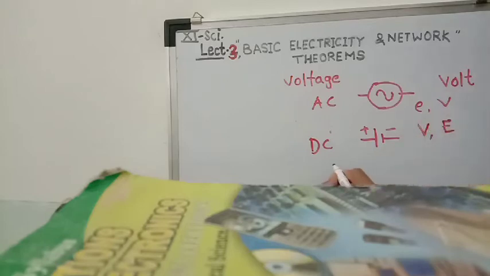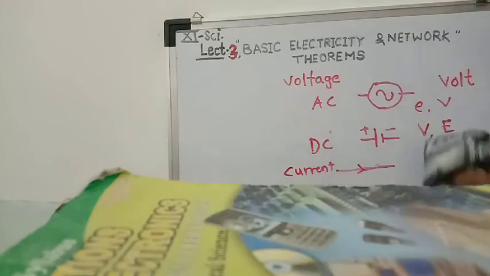Then AC or DC current. It is indicated like this. AC or DC current. Okay. Then resistance.